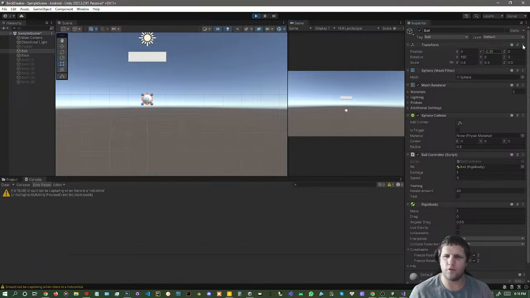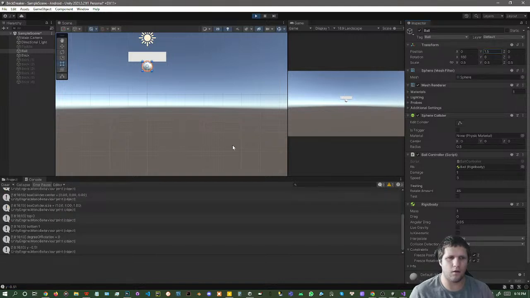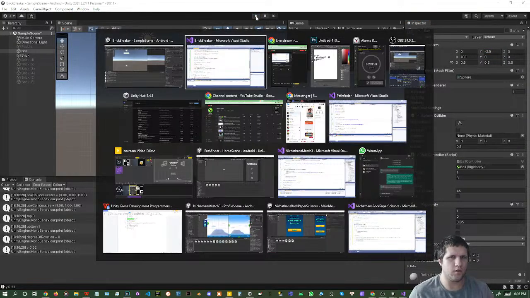Move the y up. Y is negative 0.51. Okay, set it at 3 and move it down. Y is 0.52. Yes.